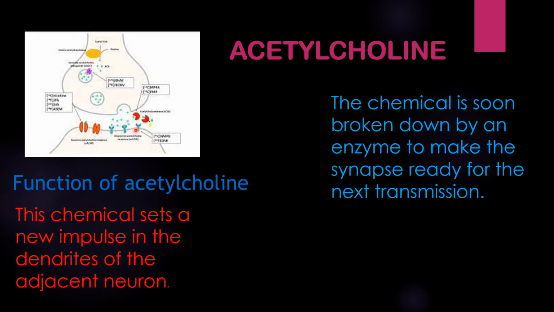Then, when the impulse has passed from one neuron to another, this chemical is soon broken down by an enzyme to make the synapse ready for the next transmission. The synapse is ready for the next transmission.